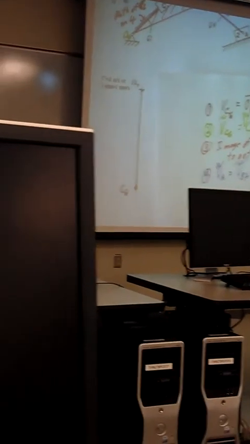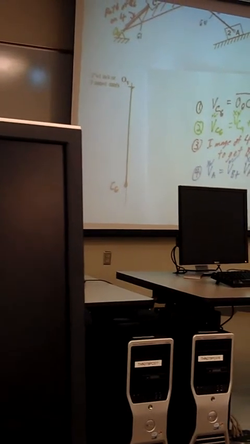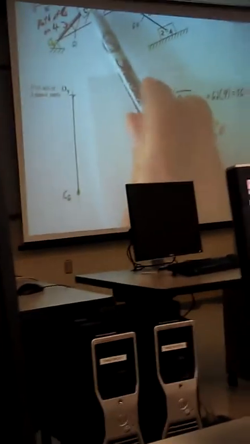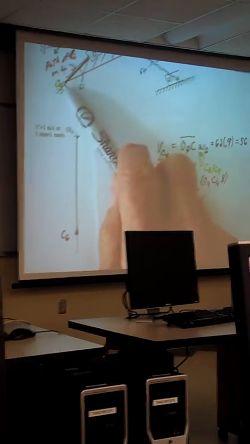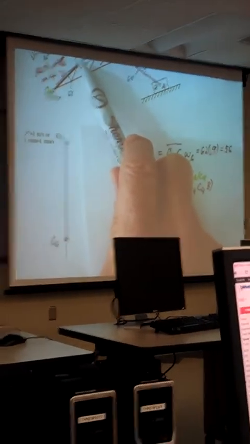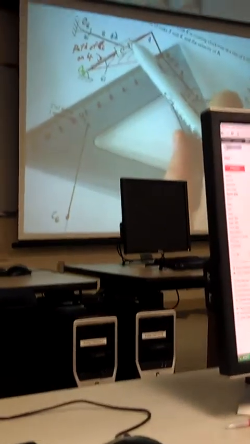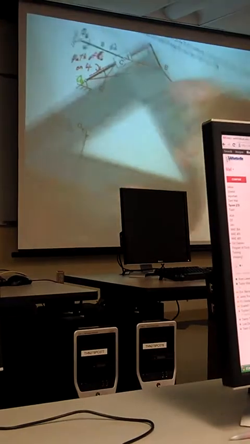The velocity of C4, absolute velocity of C4, is going to be perpendicular to the line connecting it to the center of rotation. It's an absolute velocity. So I come in here.